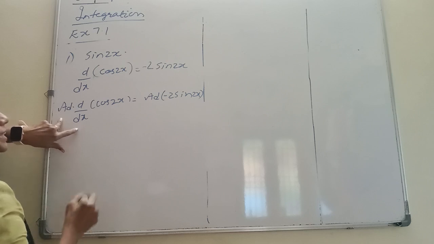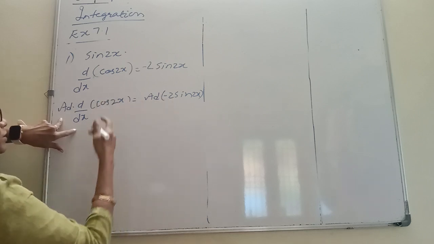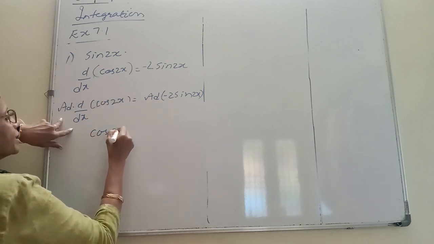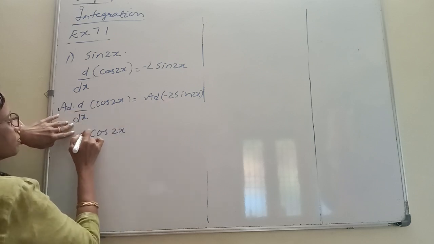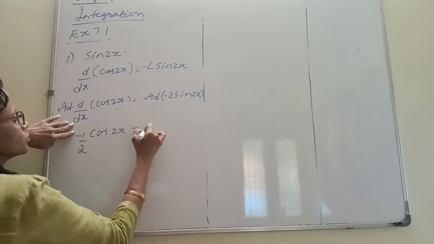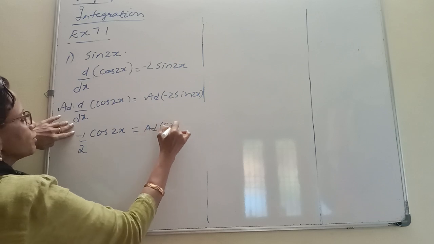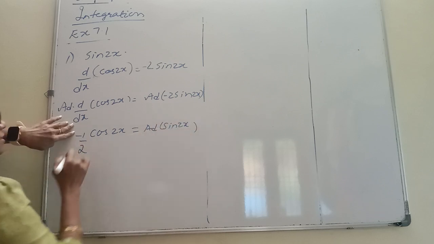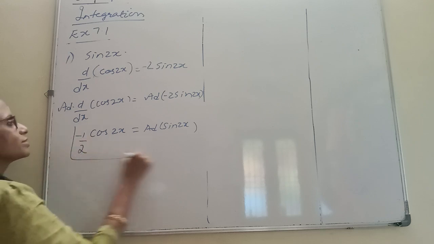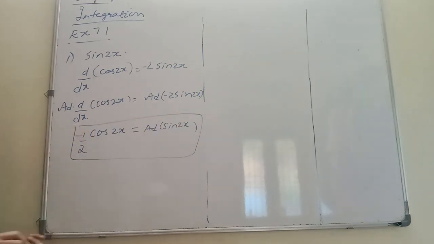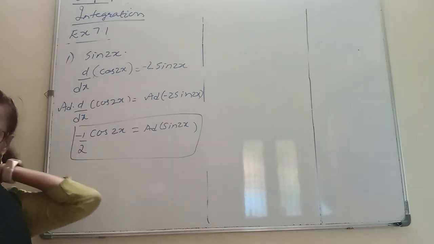To get the antiderivative, the negative 2 can go out. Now cos 2x remains as cos 2x, and the negative 1 over 2 can come here. So you get the antiderivative of sine 2x as minus 1 over 2 cos 2x. So the antiderivative of sine 2x is minus cos 2x over 2.